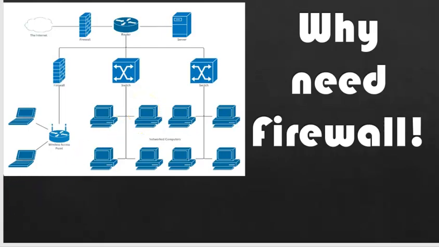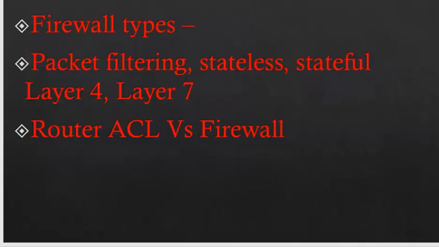Now I'm going to talk about the different types of firewalls available at a high level. There are a variety of firewalls, and there has been a lot of development and transformation in firewalling technology.